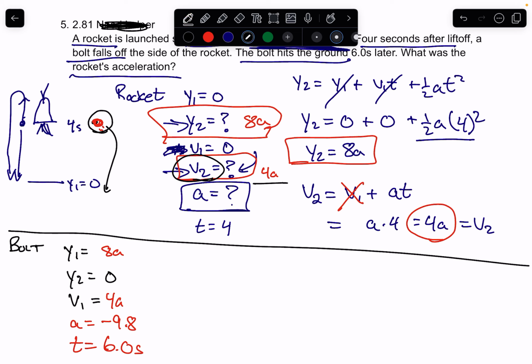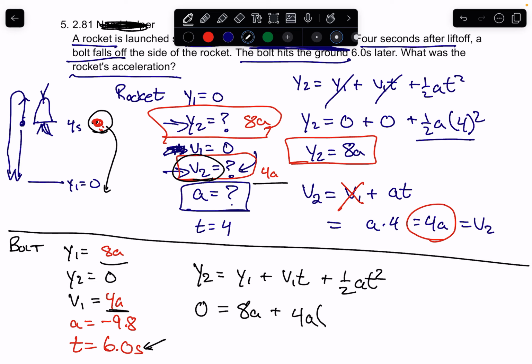So I plug this into my equation: y2 equals y1 plus v1t plus 1/2 at squared. y2 is 0 equals y1, which is 8a, plus v1, which is 4a, times the t here, 6 seconds, plus 1/2 times the acceleration. In this case it's not this a, it's the a of the bolt, around the Earth, so it's negative 9.8 times 6 squared.